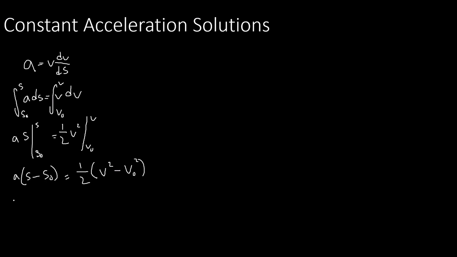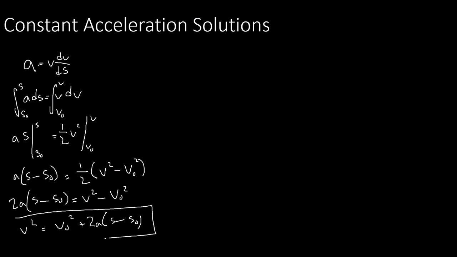So start by moving this 1/2 over and say 2a times s minus s naught is equal to v squared minus v naught squared. And finally, solving for that v squared will lead us with this. So we have v squared equals v naught squared plus 2a times s minus s naught. So this here is our final equation that we will be deriving.